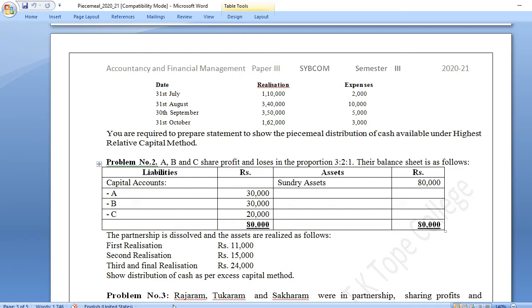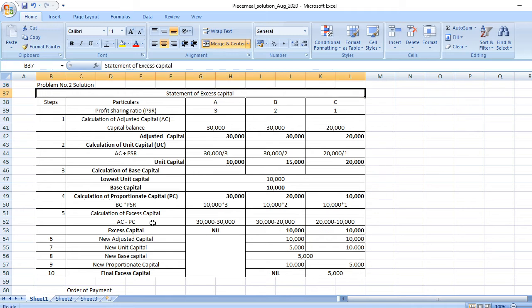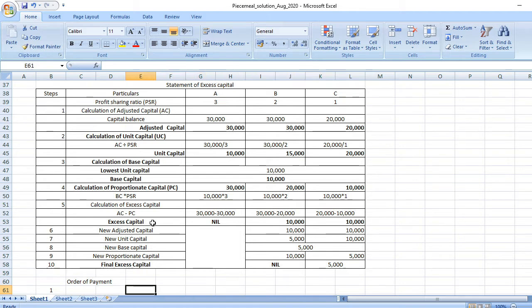So what we have to do now, first of all, is pay the partners' capital. The person who holds the final excess capital is paid first. Now C holds 5,000 of the final excess capital, so we have to pay partner C first.